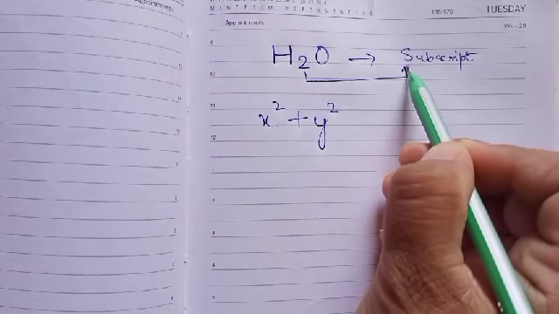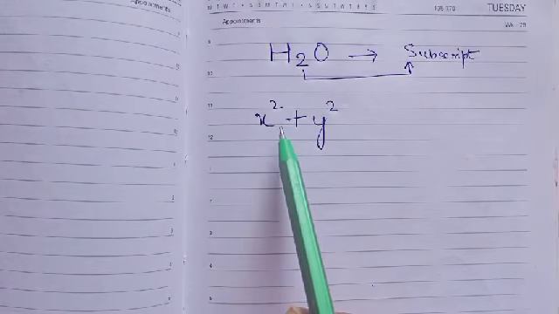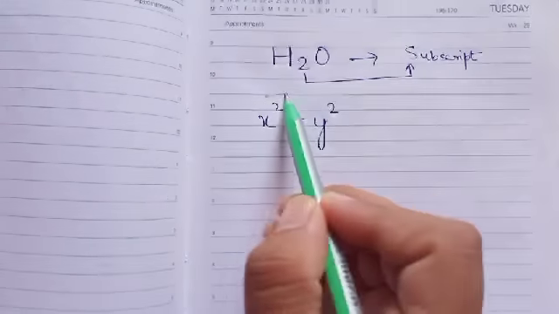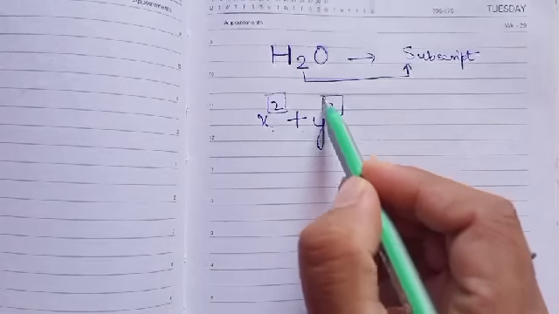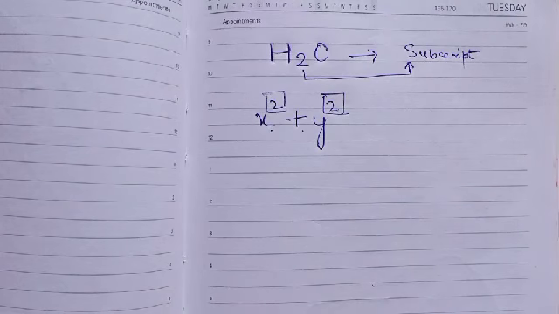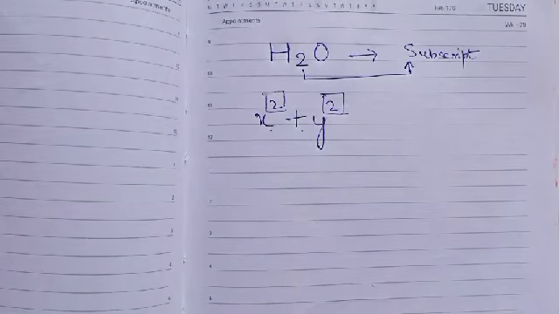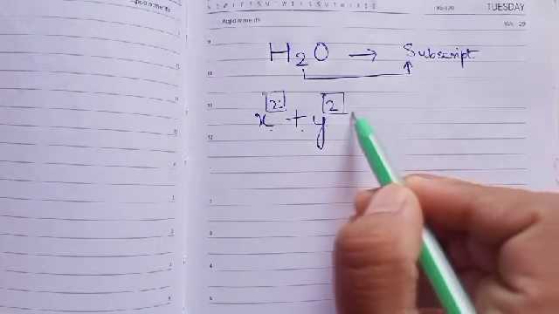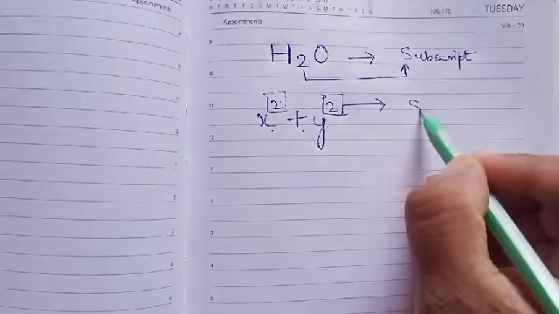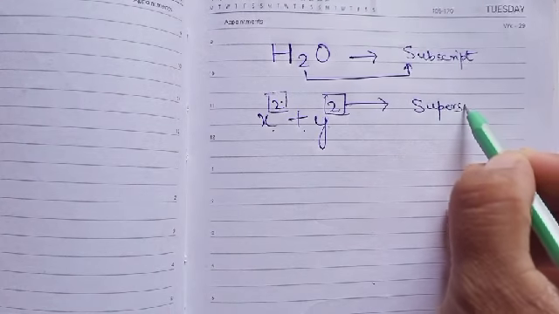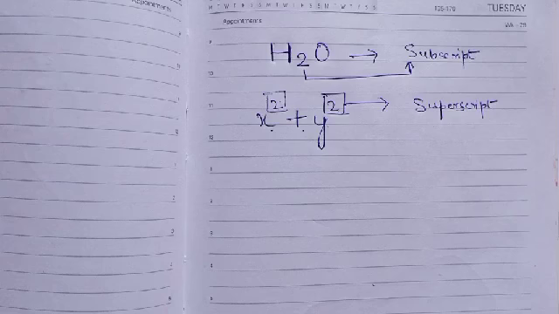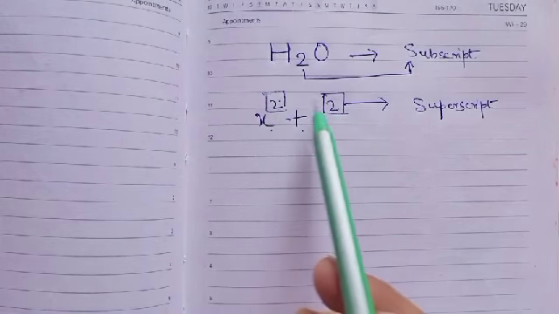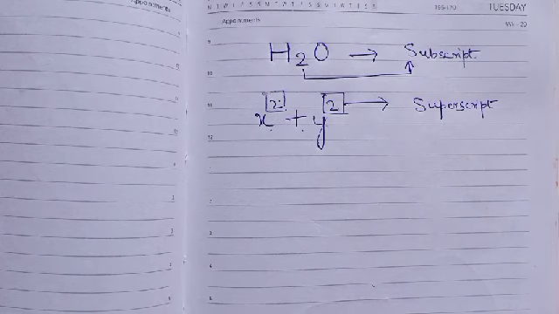What has been made subscript here? 2 is the subscript. In this example you can see x square plus y square. These two 2's, this 2 and this 2, are written above the normal text, above the usual text. So both these 2's are an example of superscript. That means any text written above the usual text is called superscript.